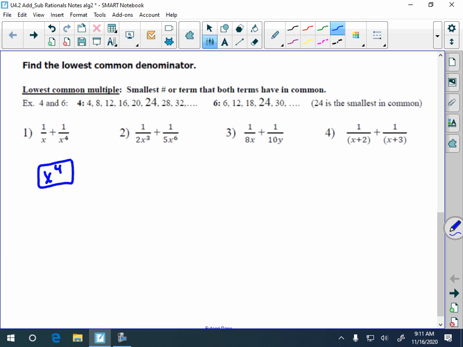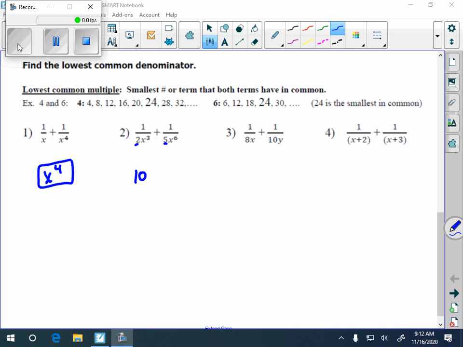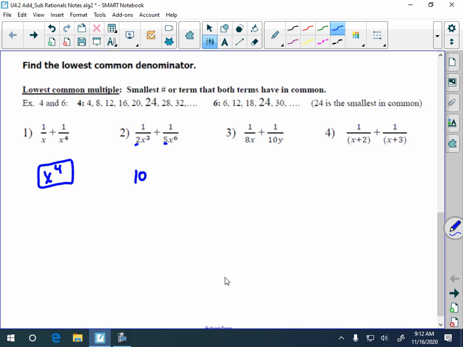All right, number 2, we have a 2 and a 5. Here we have coefficients that we have to look at first. The smallest number that 2 and 5 both go into would be 10. So 10 is part of the lowest common denominator that we're going to use. Now we have x to the third and x to the sixth.